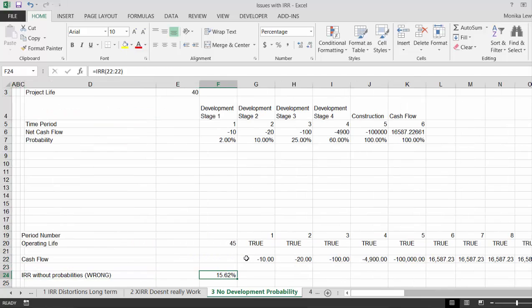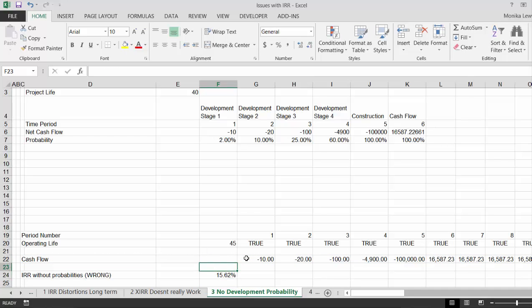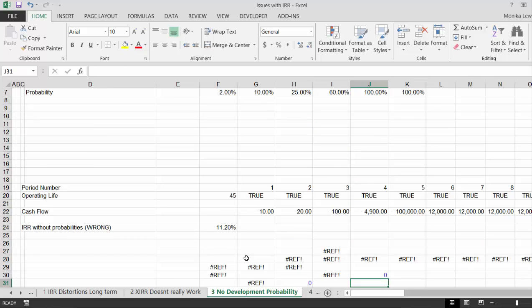So if we just put equal IRR, we get 15%. Let's reduce the cash flow to 15,000. Okay, let's just say we have this. Now, I guess it's good we did this.